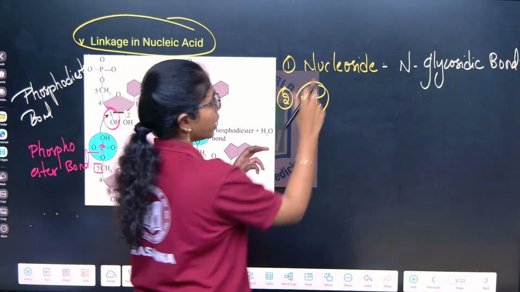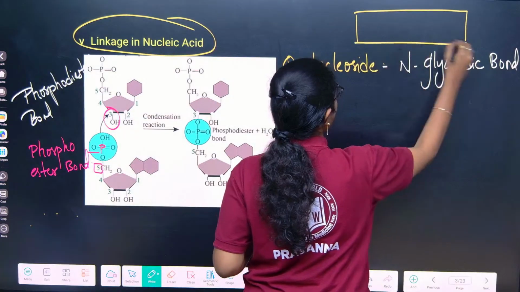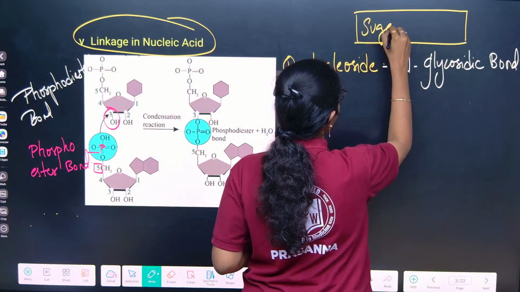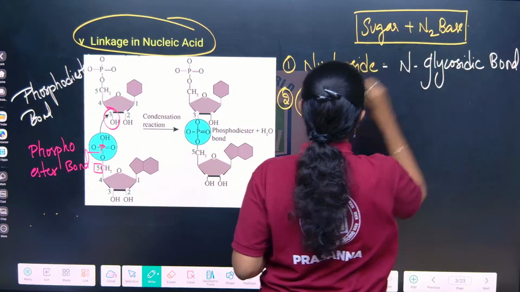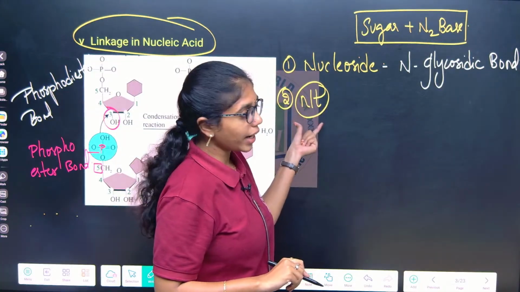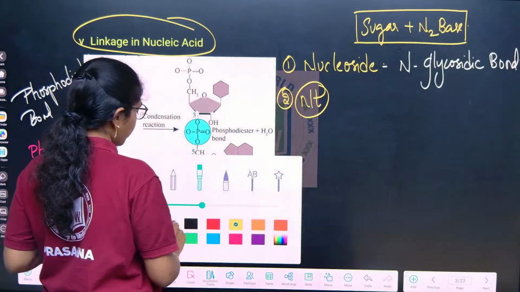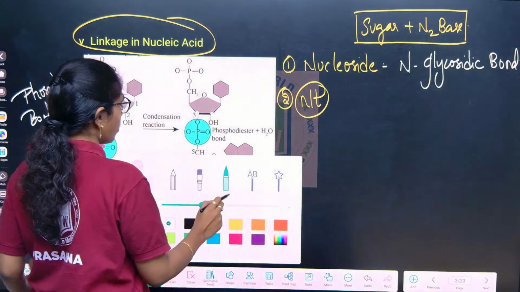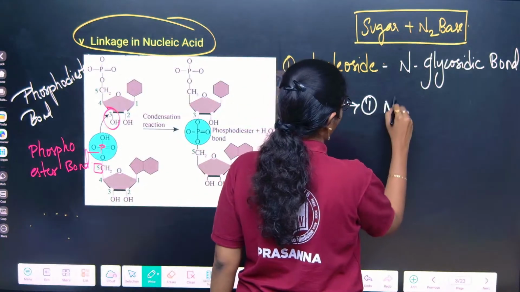For the nucleoside, what all are present in a nucleoside? Sugar and nitrogen base. Yes or no? To this, a phosphate group is connected. So in a single nucleotide, what are the bonds involved? One is N-glycosidic bond.